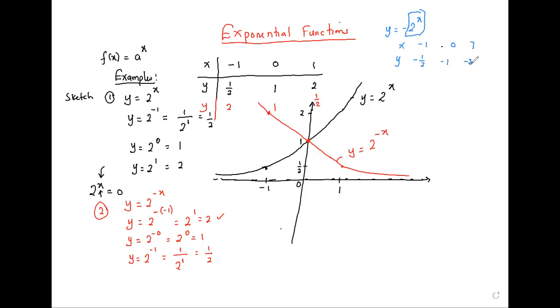So when you come to sketch, you will now include negative half, negative 1, and negative 2. And so against negative 1, you get negative half. And against 0, you get negative 1. Against 1, you get negative 2. So we'll have another curve coming this way.